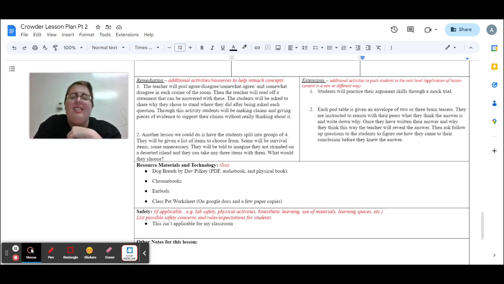Extensions take students to the next level. I put that students will practice their argument skills through a mock trial. Students have to know how to communicate effectively, verbally. They have to know how to be respectful.